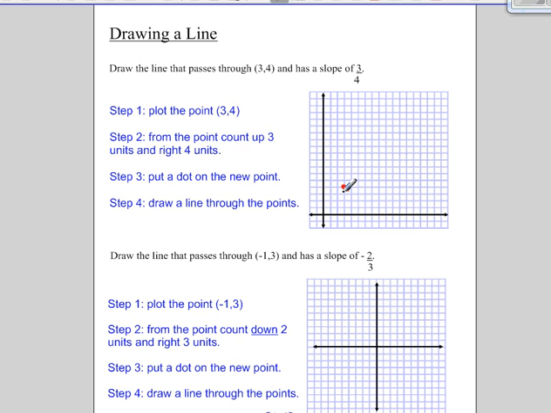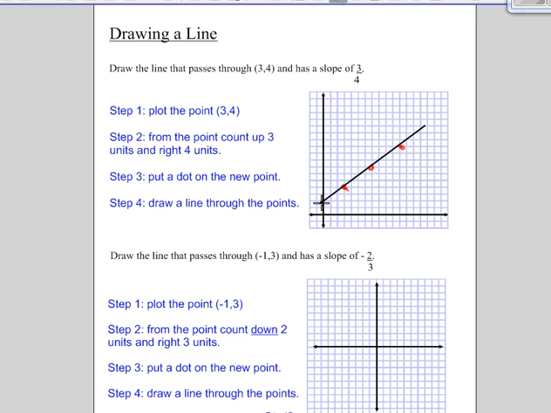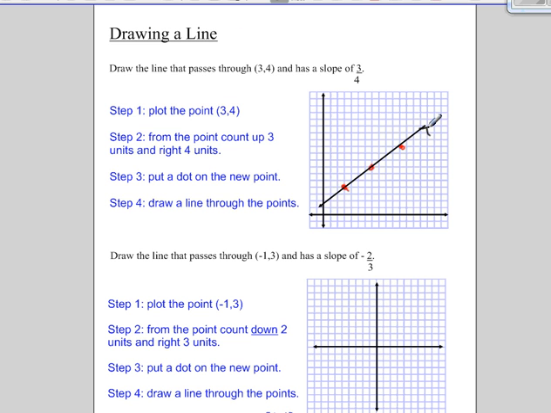So all I have to do from that point is go up 3 and over 4. I can actually keep doing that if I want. Up 3 and over 4. And then all I need to do is get a ruler and draw a line that goes through those points. Don't forget to put arrows on the ends of your line.